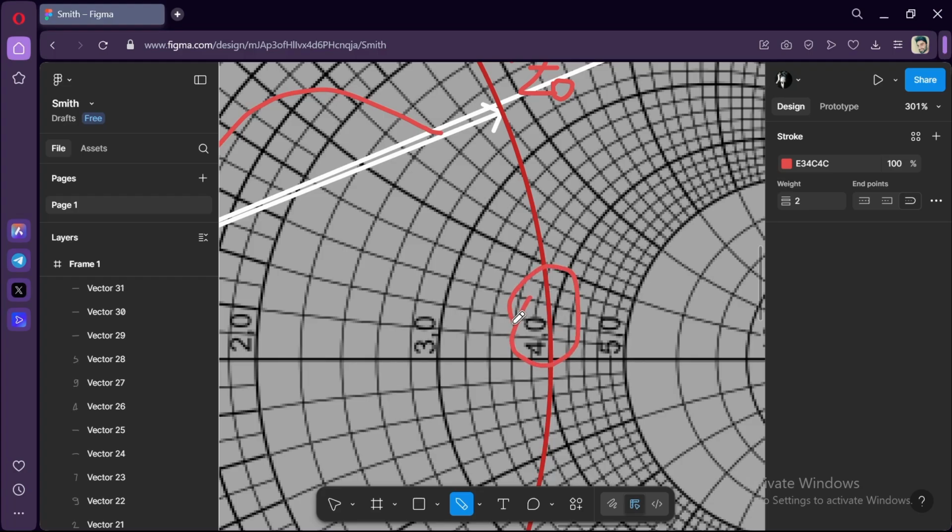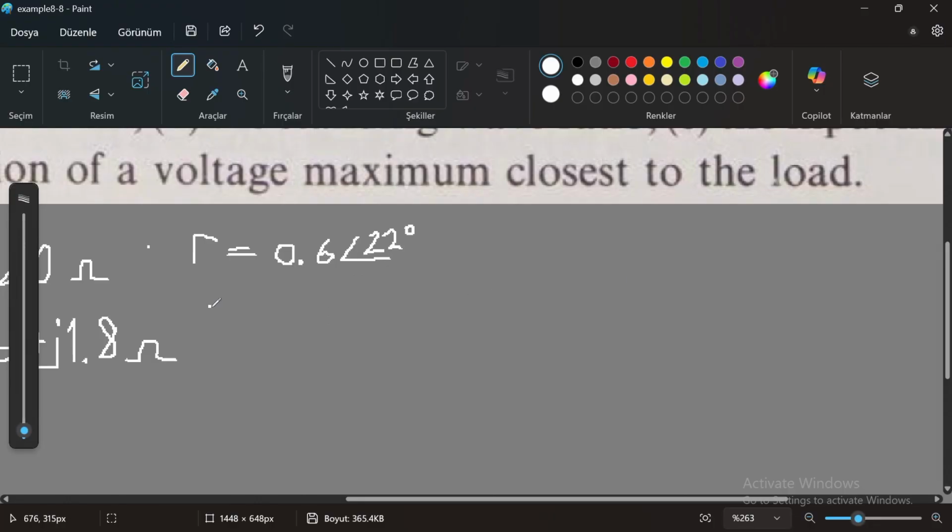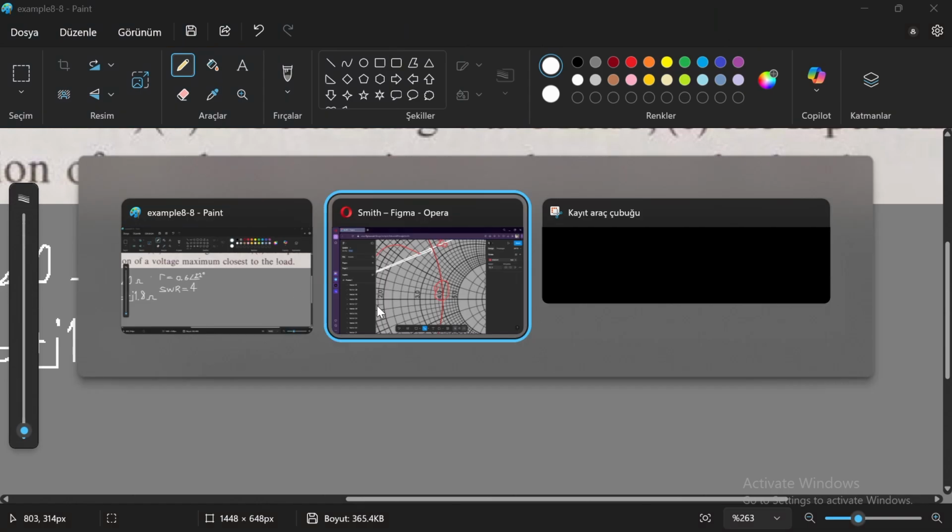So this 4 is our value. Let's say standing wave ratio, it is 4. This one.